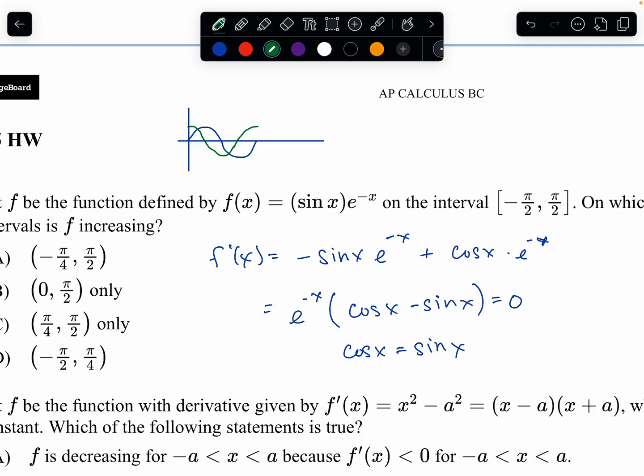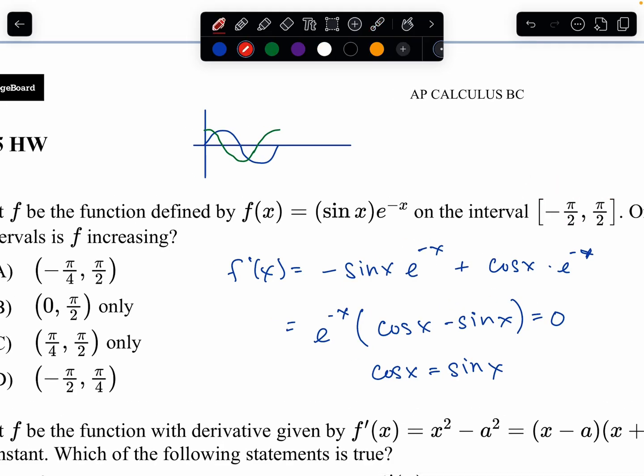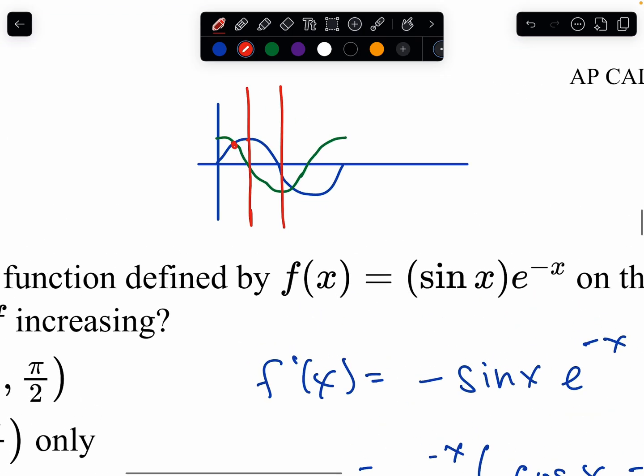So between negative pi halves and pi halves, where is pi halves here, though? So this is pi... That's pi halves right there. So you can see where they intersect right there. That's where they're going to be equal.